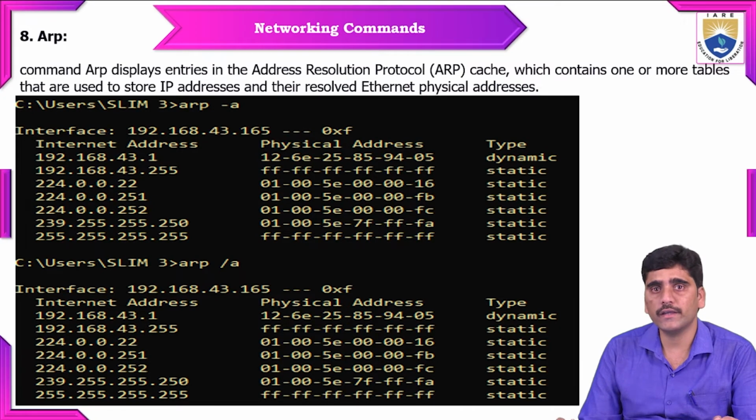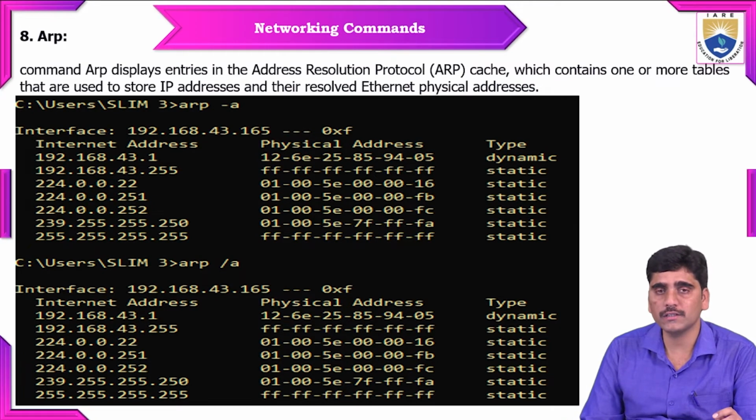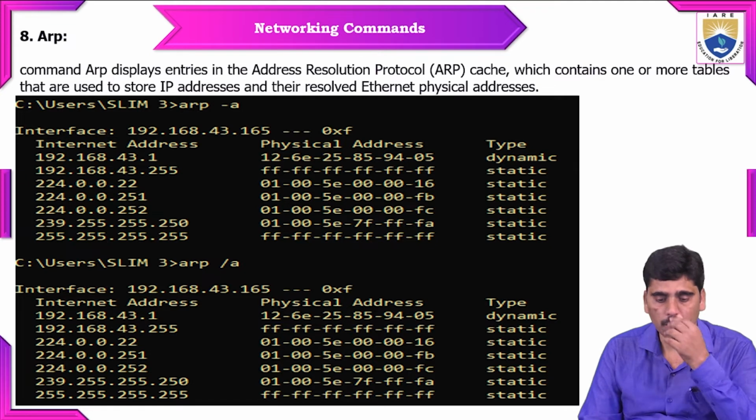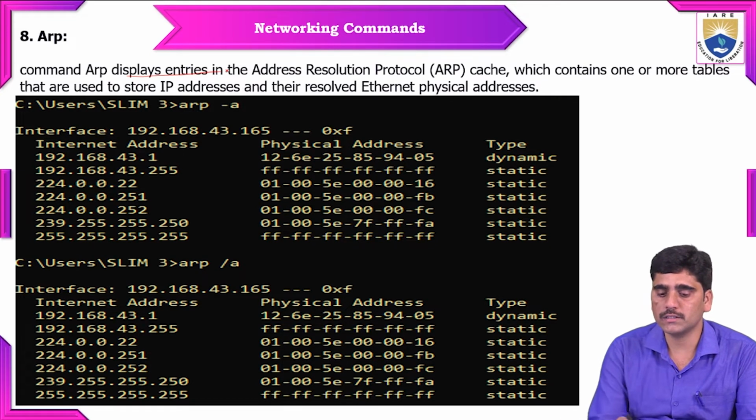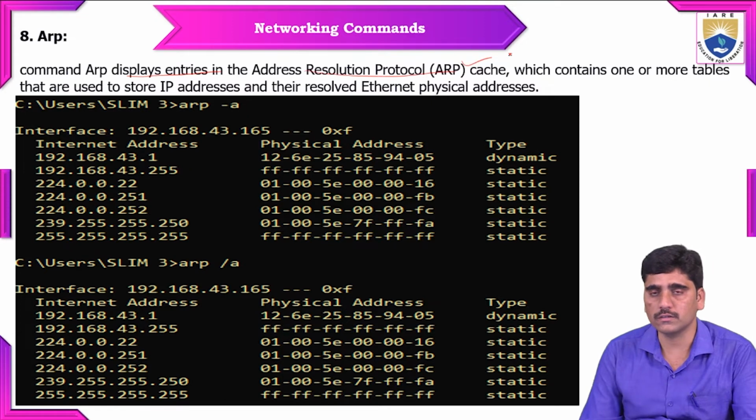And the next one, ARP, the Address Resolution Protocol. The ARP command displays entries in the address resolution protocol cache, which contains both internet addresses as well as physical addresses. The internet address is used to identify the network, and the physical address is used to identify the system.